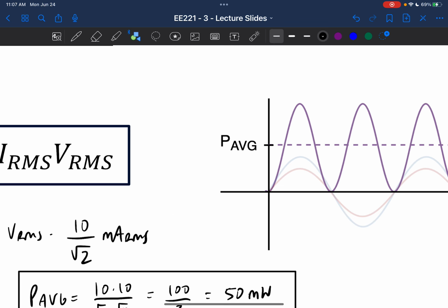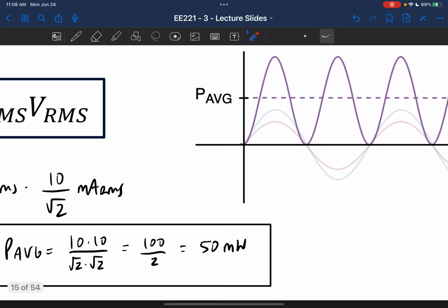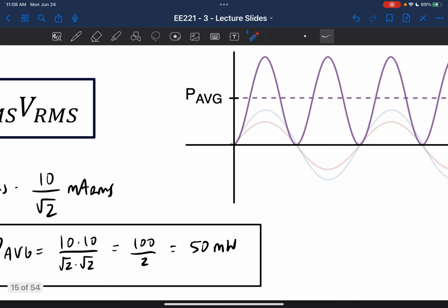Of course, volts RMS times amps RMS is still just watts. The RMS is just there to indicate that we've taken the RMS value, but we still have units of volts, units of amps, and so we get watts, and then the M is still indicating that we are at the milliwatt scale.